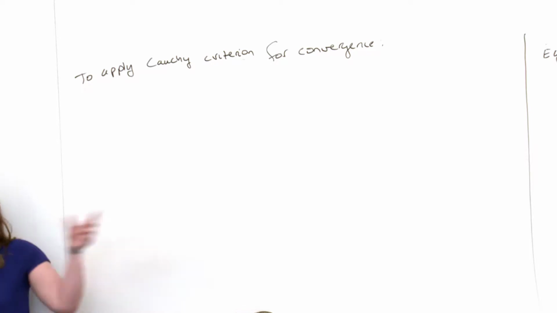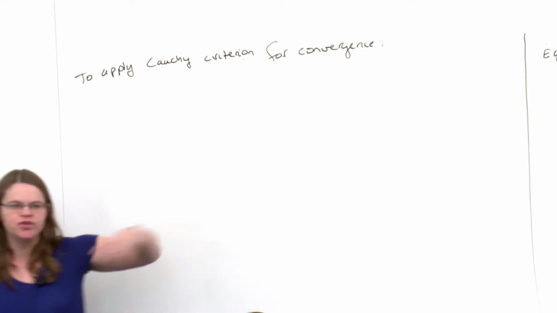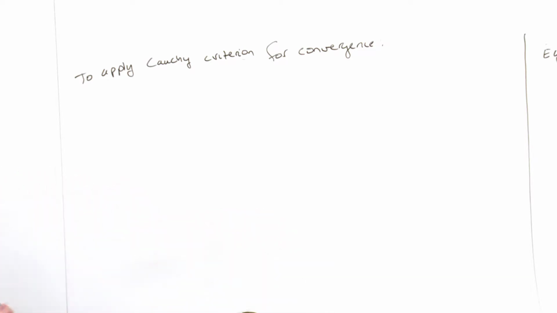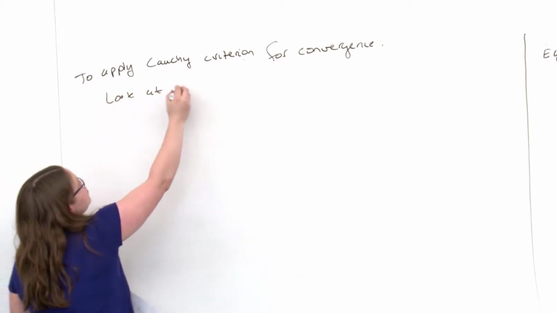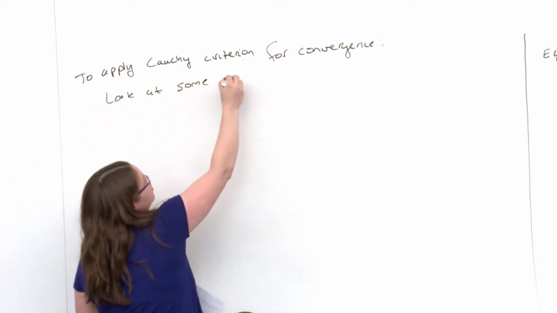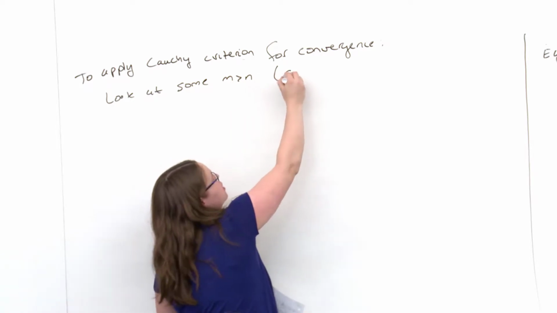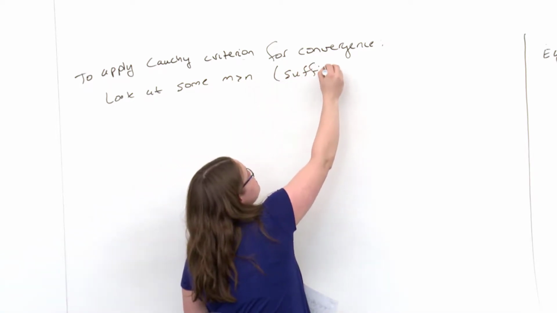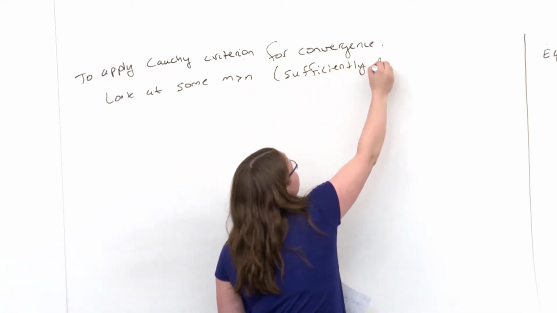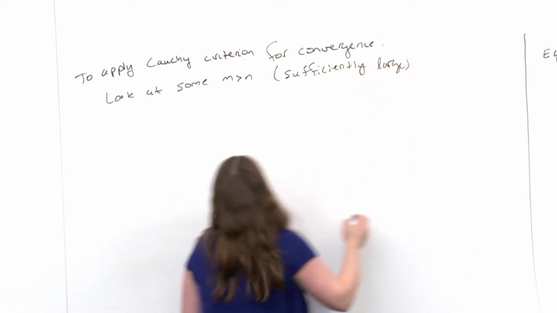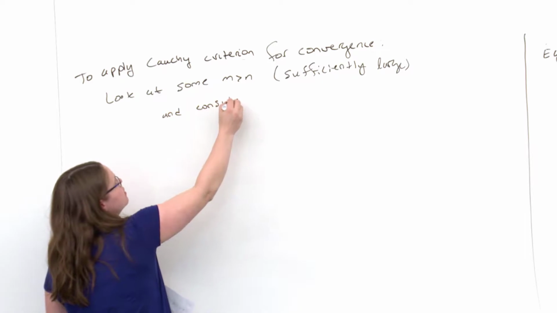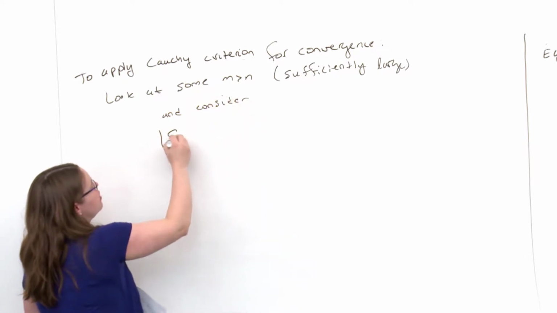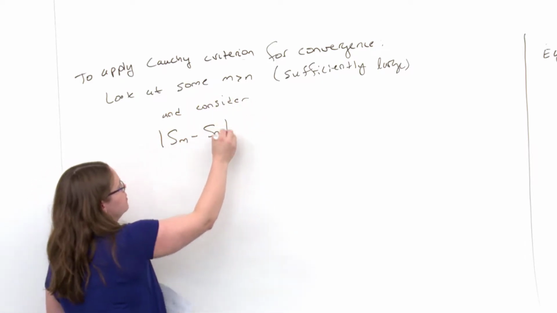Not neighboring terms, but just arbitrary terms that are sufficiently far along the sequence. So we need to look at some m greater than n that's sufficiently large, and consider Sm minus Sn.